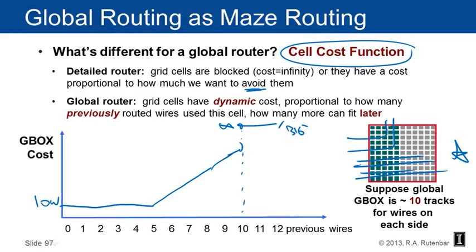And if you do global routing well, it makes the detailed routing so much faster and so much more efficient and so much more likely to succeed in routing all the nets. And it's cool for us because it's just another maze router with a cost function that has memory in it that remembers how many wires have already used a piece of the space on the chip surface. So, very cool.